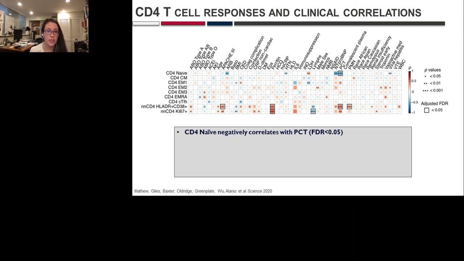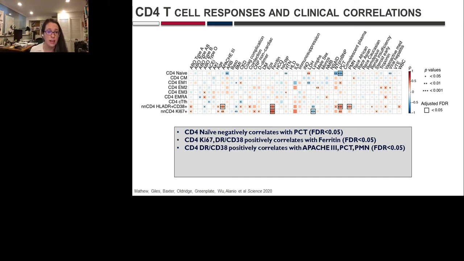First, CD4 naive T cells negatively correlate with procalcitonin, and procalcitonin is one of these inflammation markers that we can find in the blood. The second are CD4 T cells that are either proliferating or activated. They are both positively correlated with ferritin, again, one of these inflammatory markers in the blood.